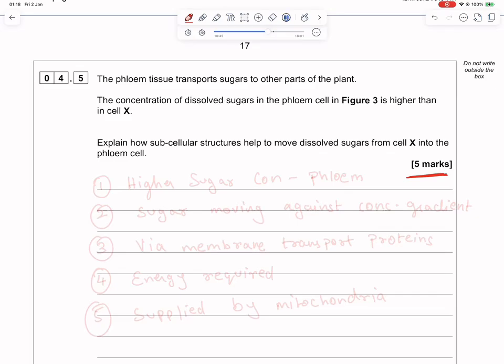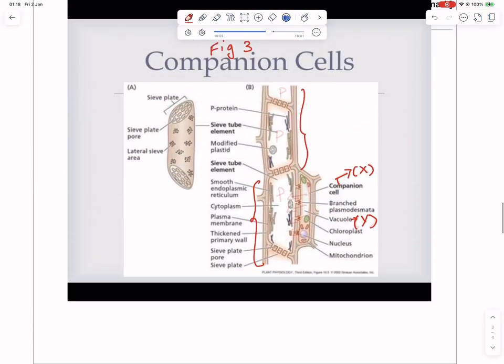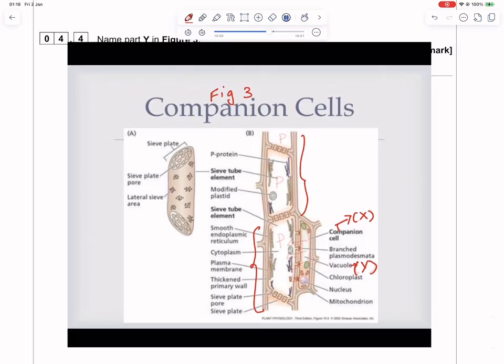Now, this is about transporting of sugars in the process translocation. So before going ahead, I want you to look at this figure. I'm going to mark the phloem vessel with P here. Can you see that? You can see the phloem vessel with P. So phloem is the one which is transporting the dissolved sugars. So obviously it is going to be having higher concentrations of the dissolved sugar. But still, the companion cell is transporting sugars.